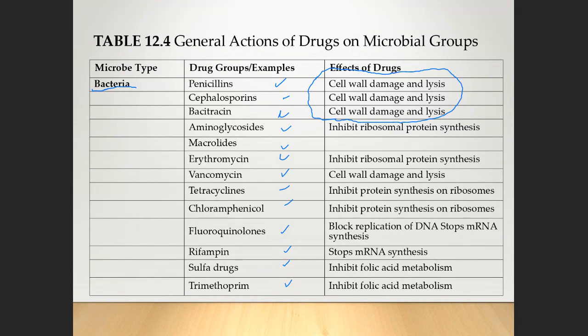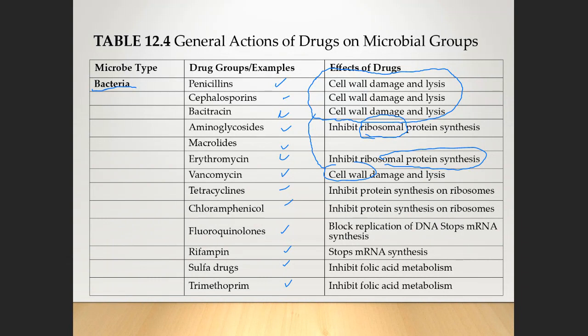Aminoglycoside, they use for RNA, protein synthesis. Okay, and then erythromycin, for example, is the same, blocking the protein synthesis. Vancomycin also targets the cell wall, the same as penicillin.